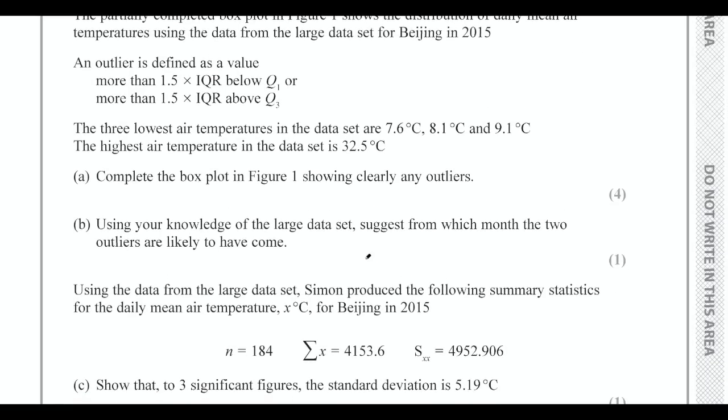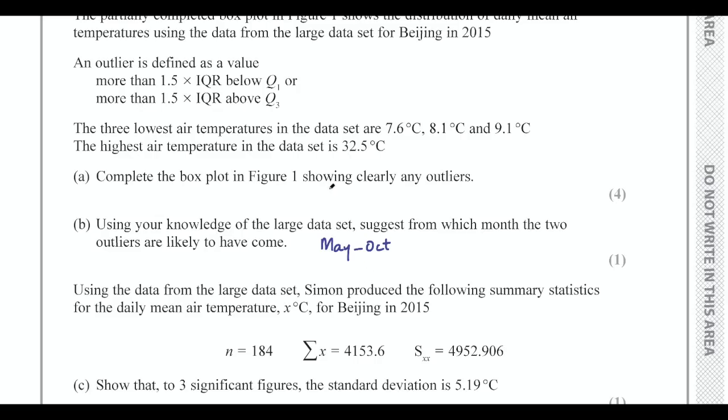Part B says, using your knowledge of the large data set, suggest from which month the two outliers are likely to have come. So for this, you need to know which months the large data set covers in 2015, and that is from May to October. And then you also need to think of your geography, so where in the world is Beijing, that's in the northern hemisphere. And then you know these months are from spring through to autumn.